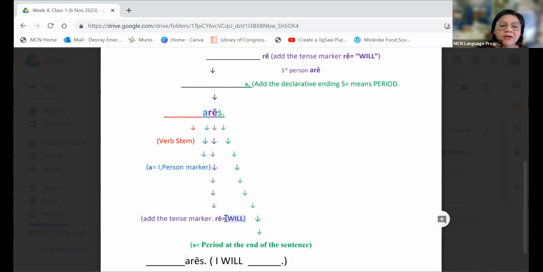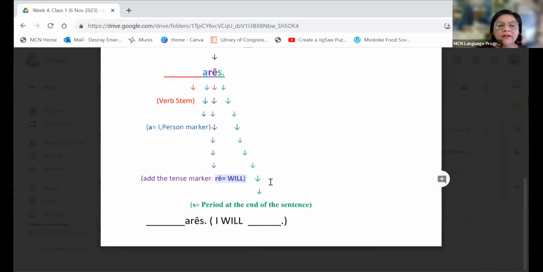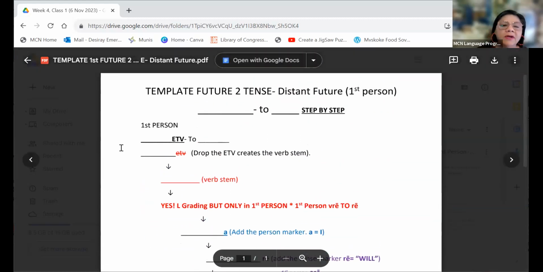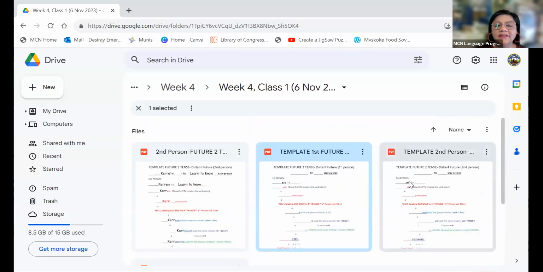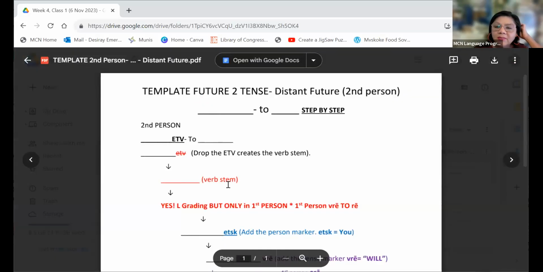You add your tense marker, the, which means will, and then the S at the end of the sentence. I will make, I will eat, I will sing, whatever you're conjugating, this is the template to use for first person. So I put up here first person. I know sometimes these get a little confusing, so I'm trying to label everything as easily as I can so you guys won't be lost.